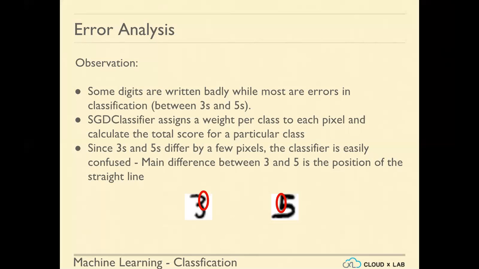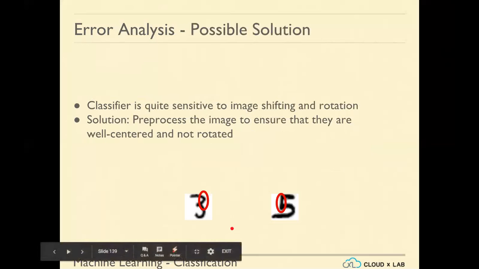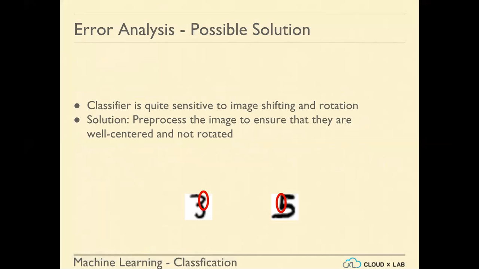If some of the values are very similar, the overall delta is not big enough in the case of 3 and 5. The other problem we notice is that the classifier is quite sensitive to shifting and rotation, so we may have to pre-process the images to ensure they are well centered and not rotated.